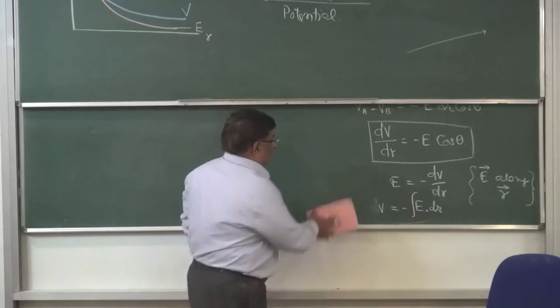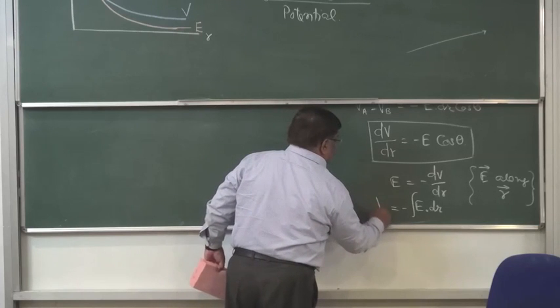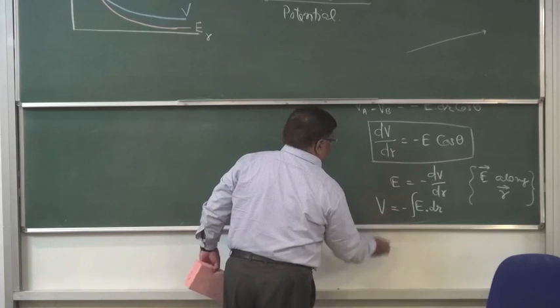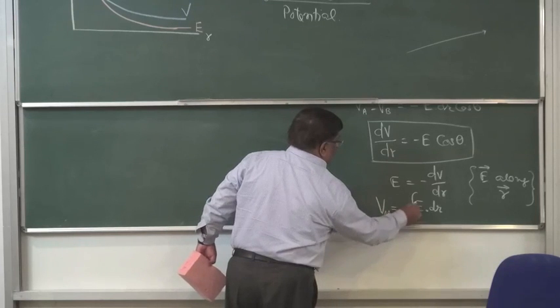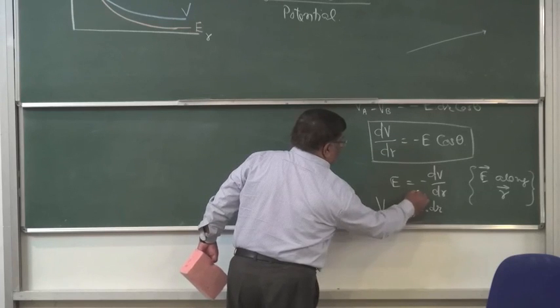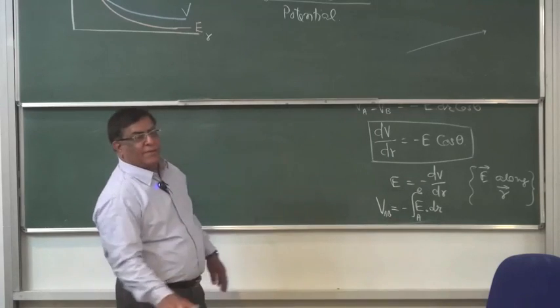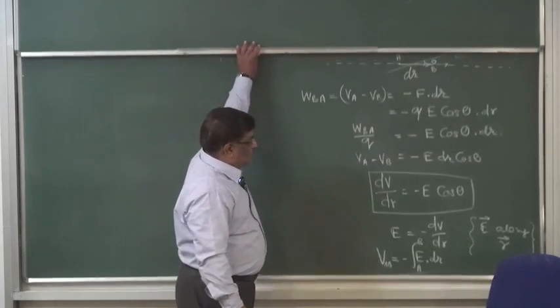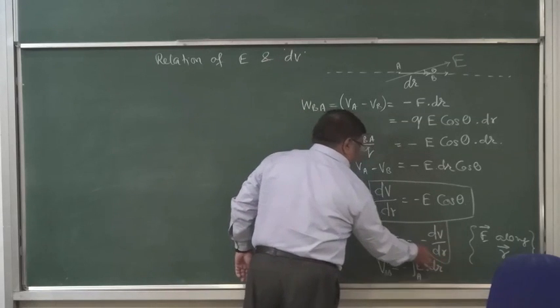So the formula for potential difference with reference to E, this is the potential difference A to B, is integration from this way. So this is the main formula you must remember.